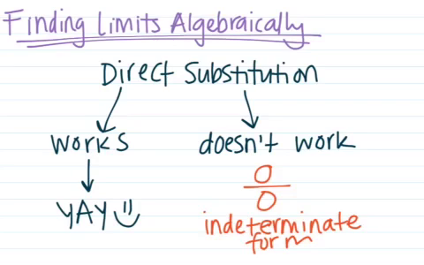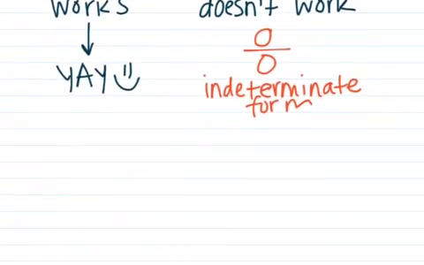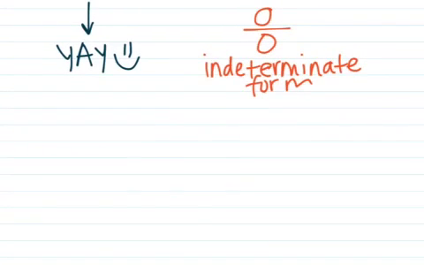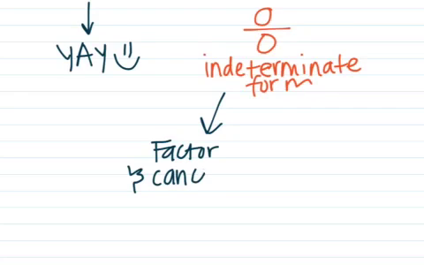And there's 3 different methods I'm going to talk about in this video. So if it can't be directly substituted into its current form, one of the ways we might try to manipulate it is to factor and cancel. Another method is to rationalize if we have any radicals.